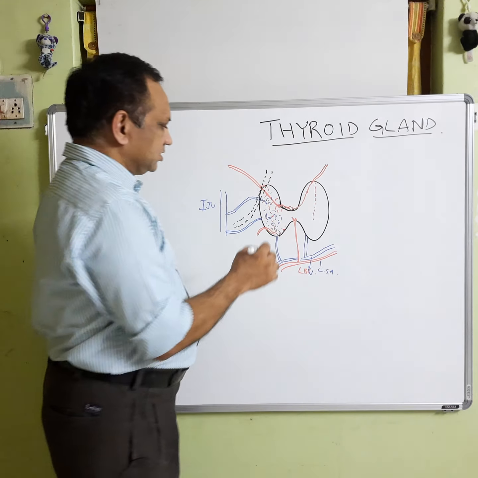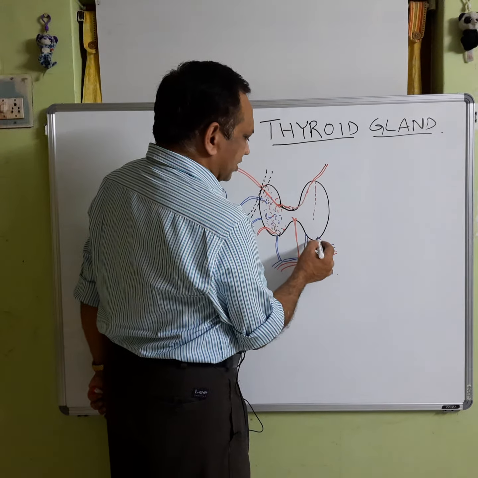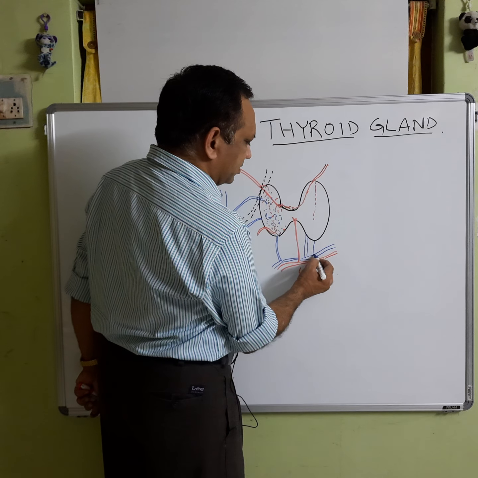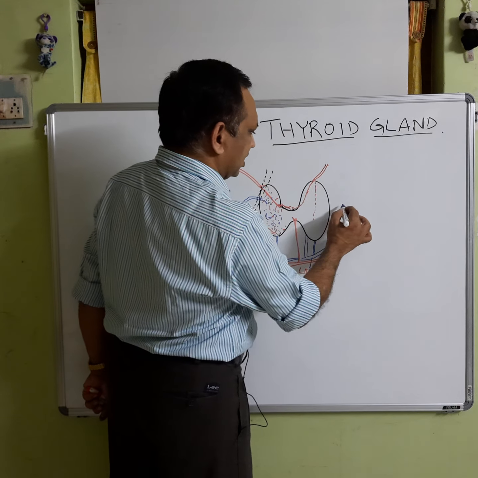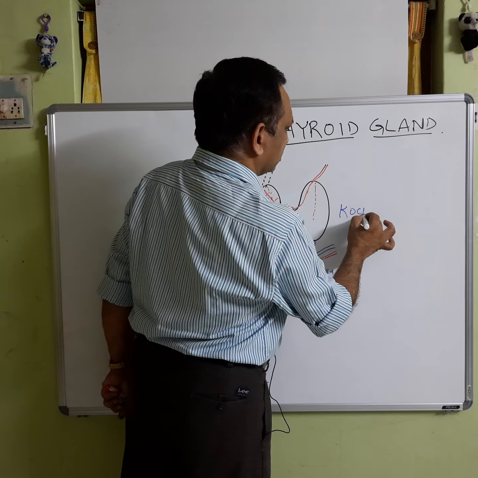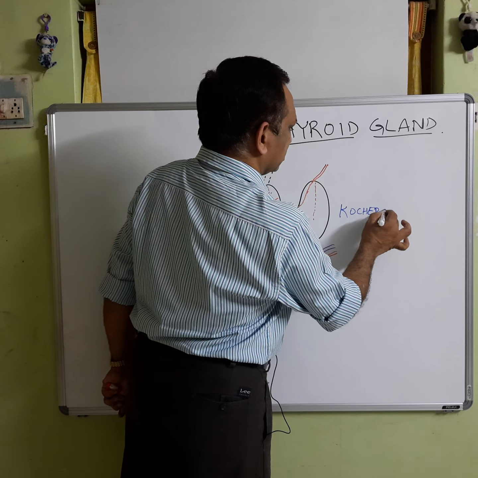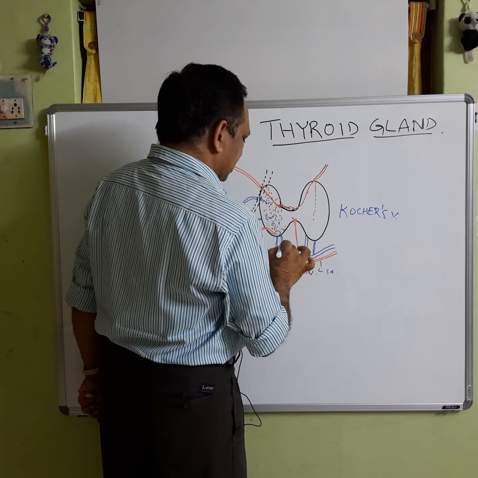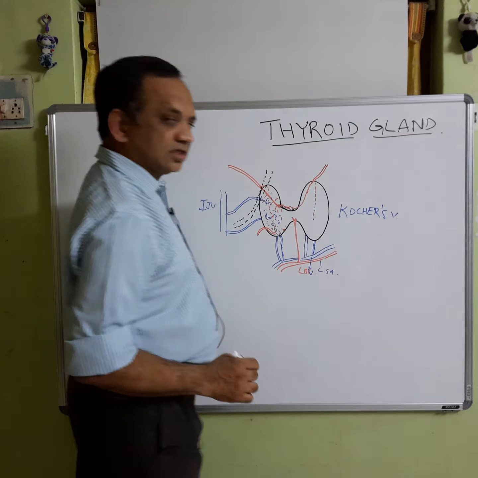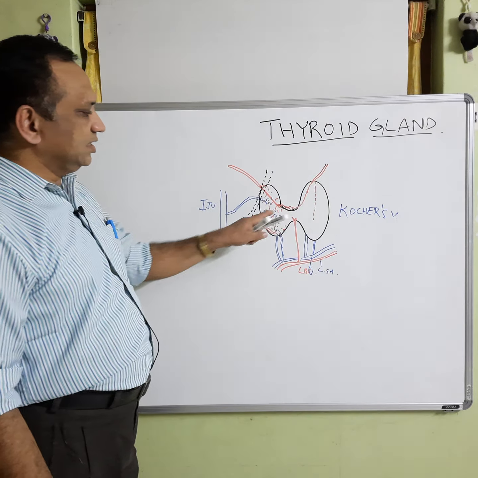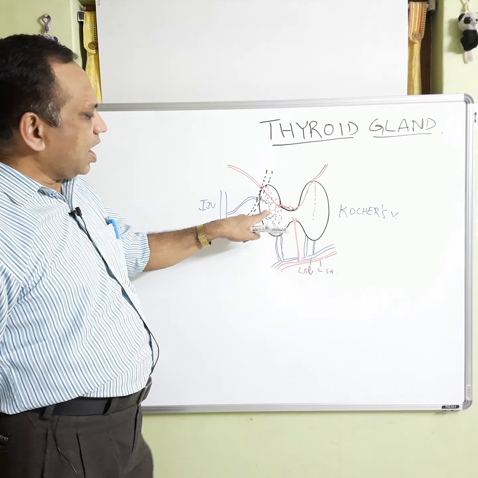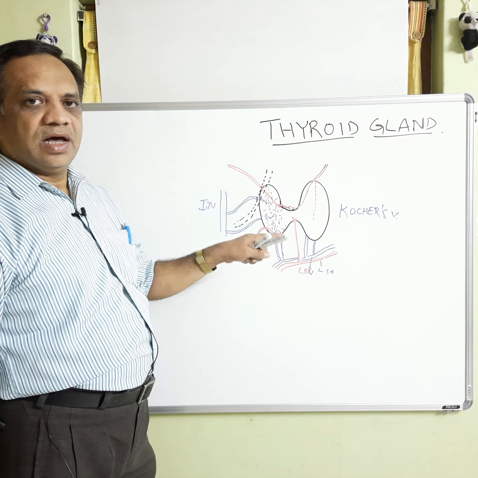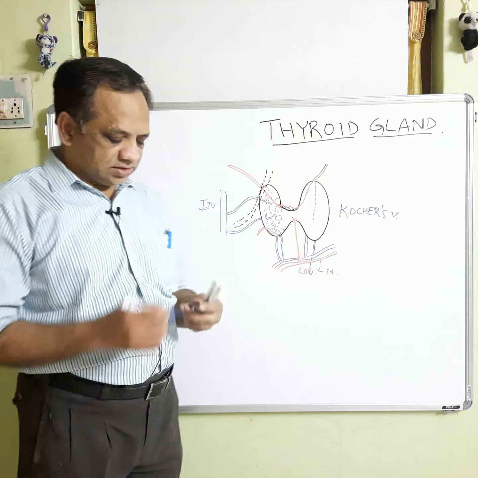So, here comes from the lower pole. Sometimes a fourth vein may start as Kocher's vein. I already told you, Kocher's vein. It will drain into the left brachiocephalic vein. So, this is the blood supply. All these arteries form sinusoids around the thyroid follicles.